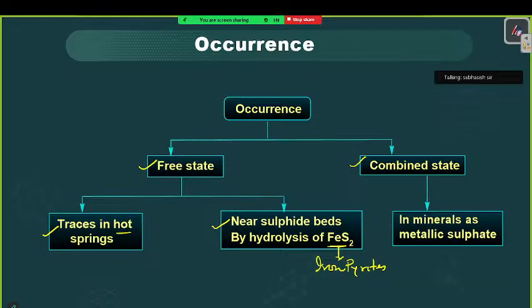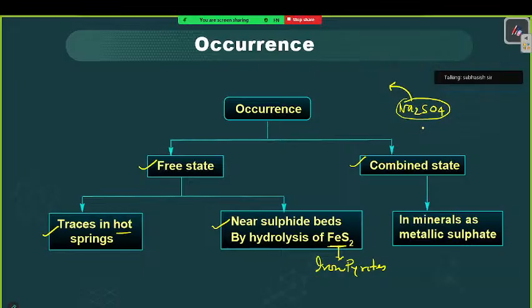In the combined state, it is not present as sulfuric acid but in a combined form. Like sodium sulfate, it is actually a combined state of sulfuric acid, because here sulfuric acid is not present as it is, but it is present as a sulfate salt.